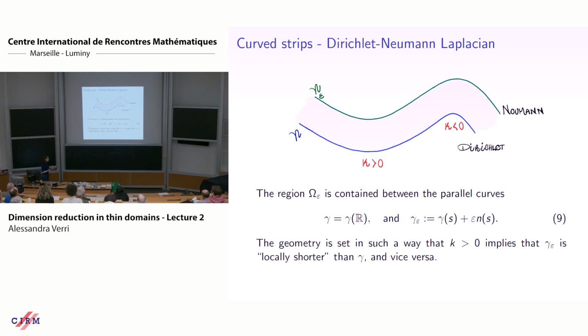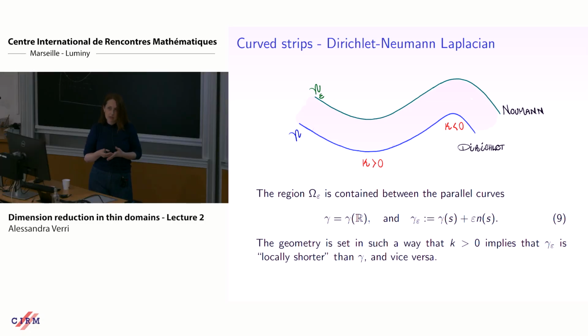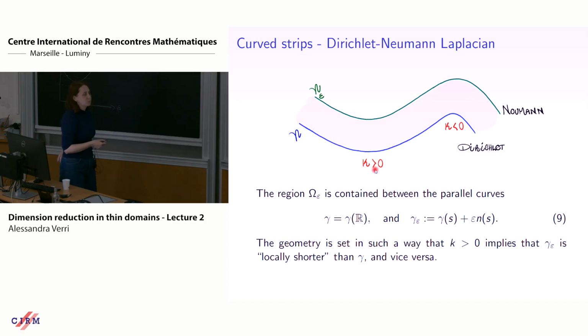So here, in this geometry, differently from the Dirichlet case, the sign of the curvature will have an impact on the effective operator. At first, we can note that if K, the curvature, is positive at some point, the Dirichlet boundary is locally bigger than the Neumann boundary.